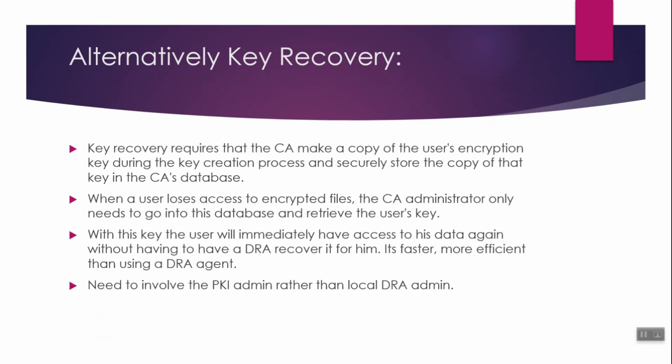So everything which the user is encrypting using his RSA key, or rather using the EFS key which is encrypted by the RSA, is encrypted using the DRA's key as well. The same file is getting encrypted not only by the EFS key, but also by the DRA key. So when the user's key is lost, the DRA can step in and unlock the EFS key. What was the challenge to begin with?